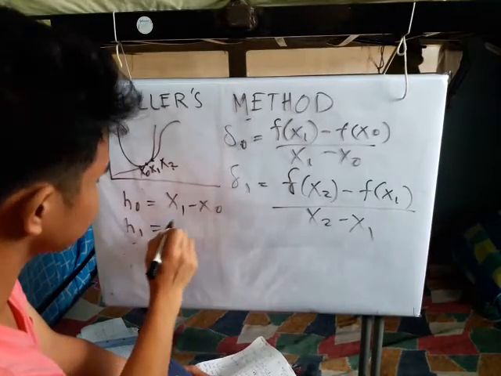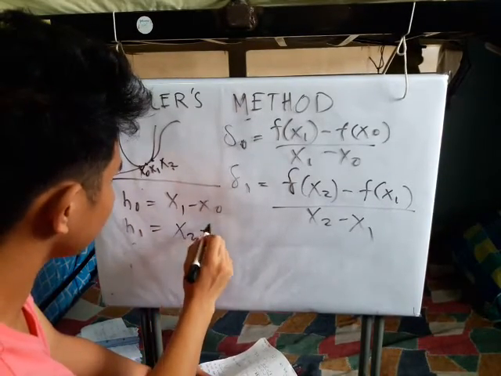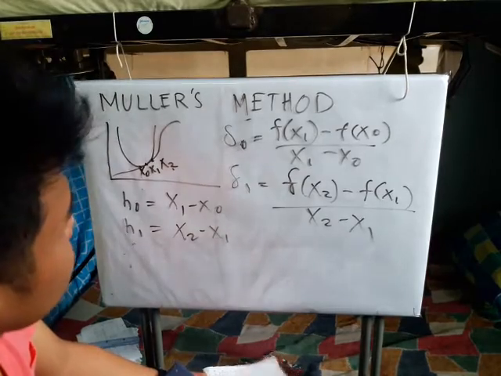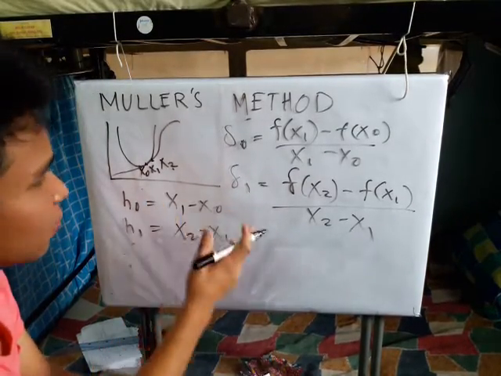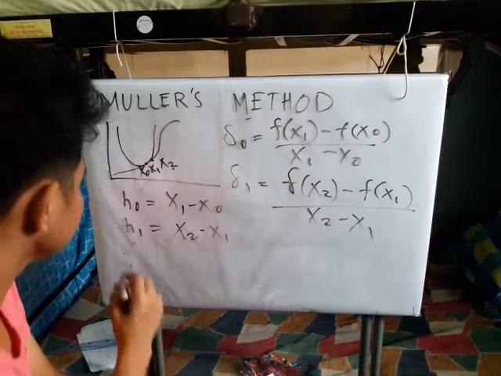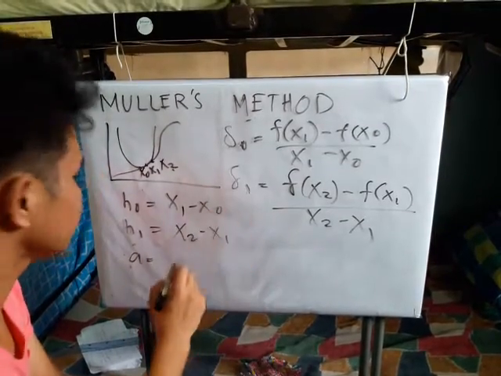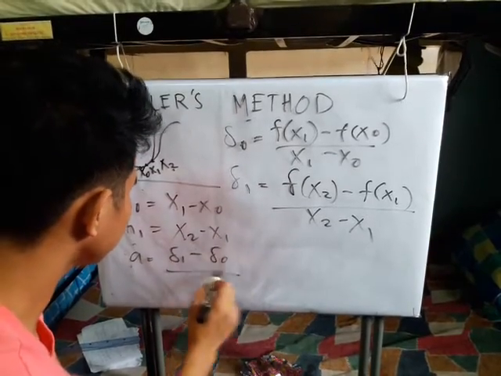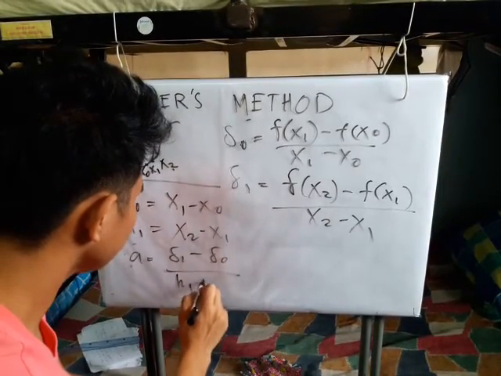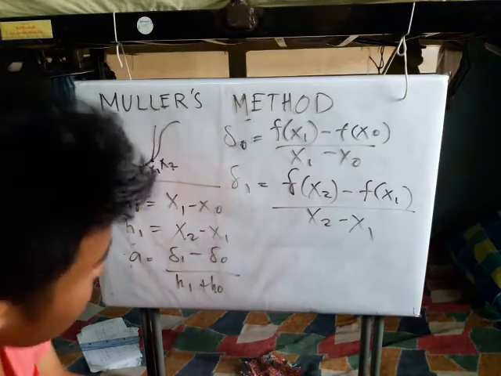For h1, x2 minus x1. So find the value of a, b, and c, which c is already equal to f of x2.